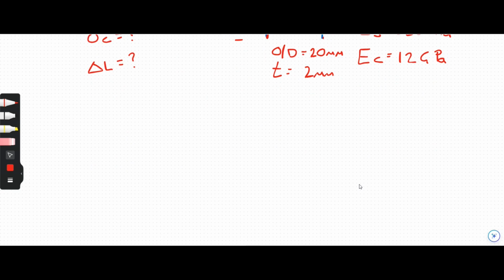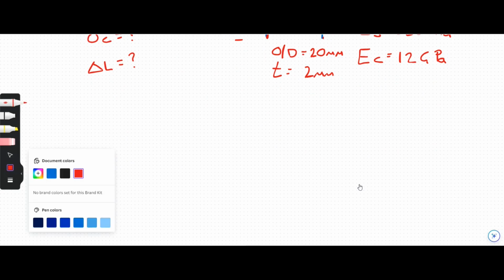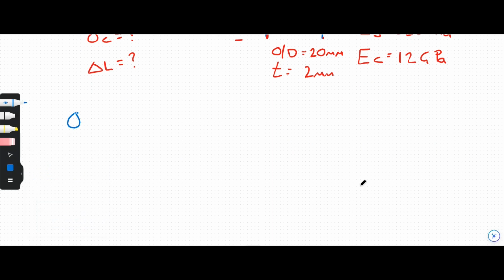So we've got a couple of formulas. Here's the formula that we know for the parallel bar. Stress in steel over Young's modulus of steel equals stress in concrete over Young's modulus of concrete. That's one formula that we know.